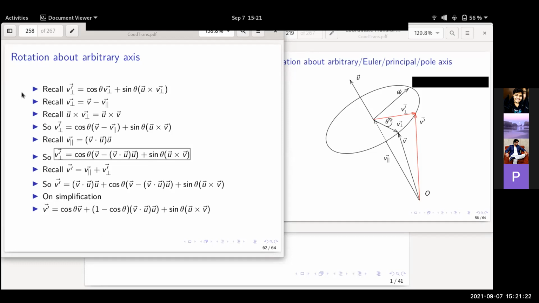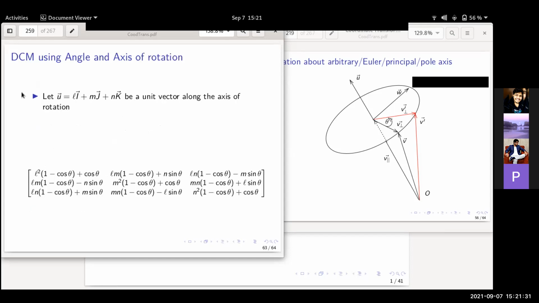So all these things are related. We are doing some rotation operations. You have to see how one can be obtained from something else. So to summarize, we have this.